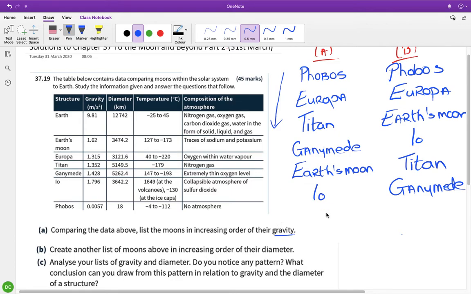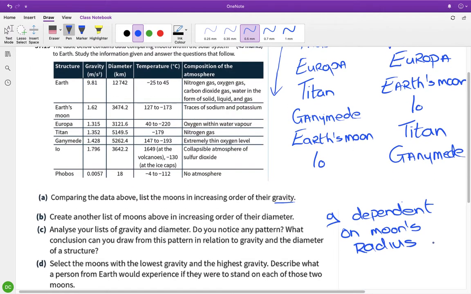I can tell you that the size of gravity is dependent on two things. It's dependent on the radius of the moon or the planet, which is obviously connected to the diameter, but it is also dependent on the mass of the planet, so how heavy the planet is.